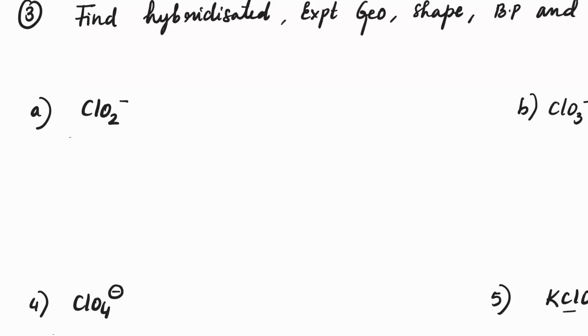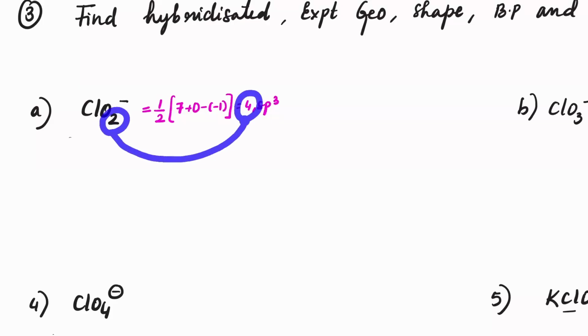Please work it out simultaneously. So steric number: half of chlorine's valence electrons, which are 7. There are no monovalent elements. There is only one charge, which is -1. So 8 by 2 is 4, which makes it sp3 hybridized. This much we know. And I told you to always check this number versus this number.